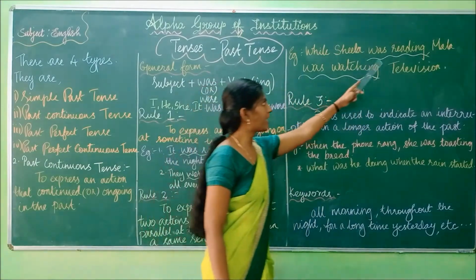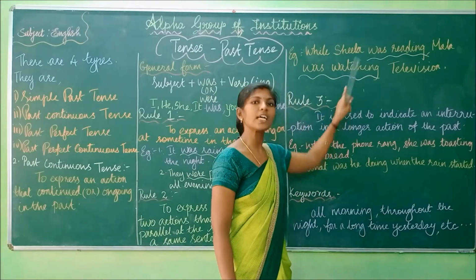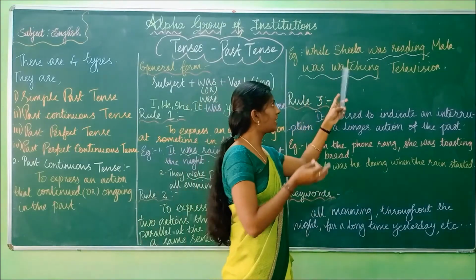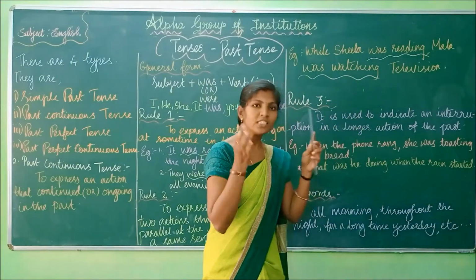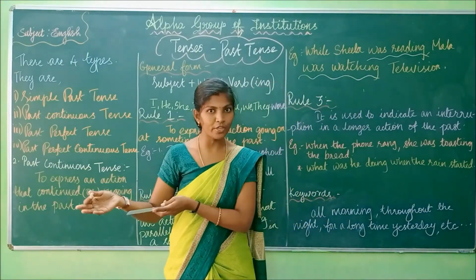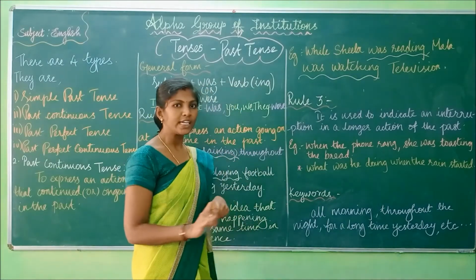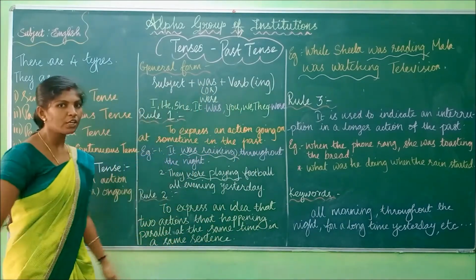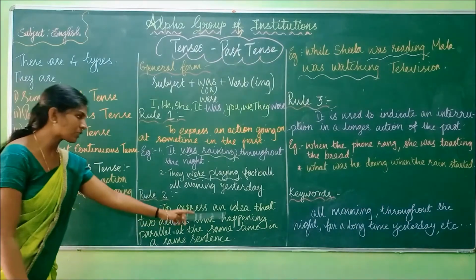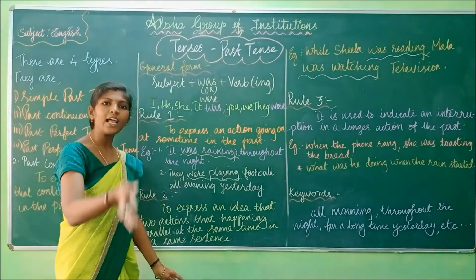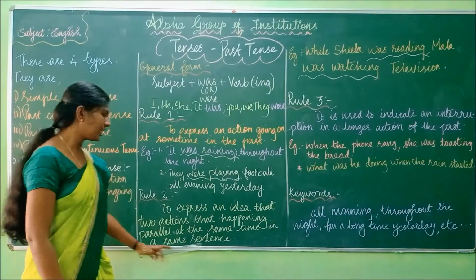So there are two actions happening in the same sentence, parallel at the same time. So while Sheila was reading, what was Mala doing? Mala was watching television. At the same time it happens. To refer to that we use rule number 2. So to express an idea that two actions are happening parallel at the same time in the same sentence.